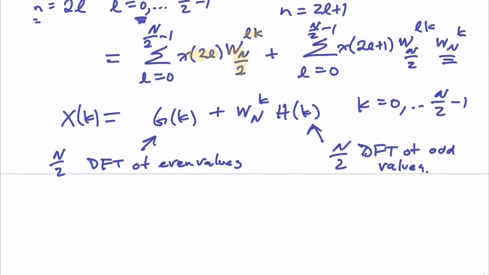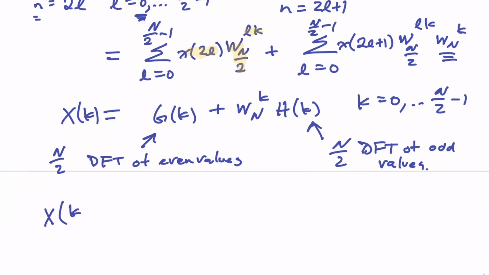All right, so what we need next is to pick up the other half. And so what we can do is we can substitute for k. We can put in k equal k plus N over 2. So as k goes from 0 to N over 2, k plus N over 2 goes from N over 2 all the way out to N minus 1. All right, so that picks up the other half.